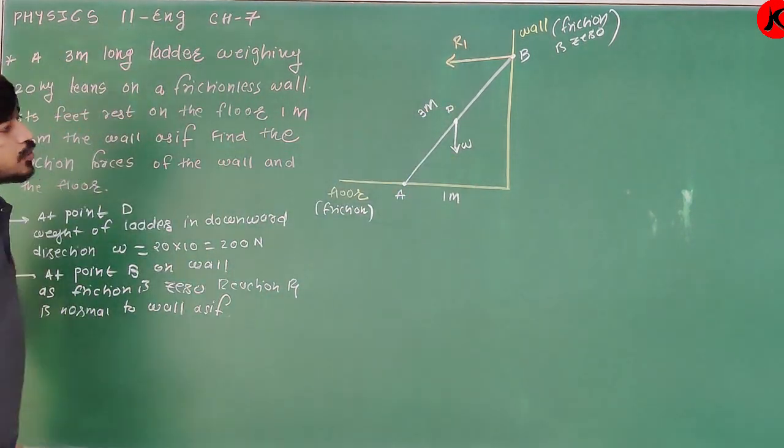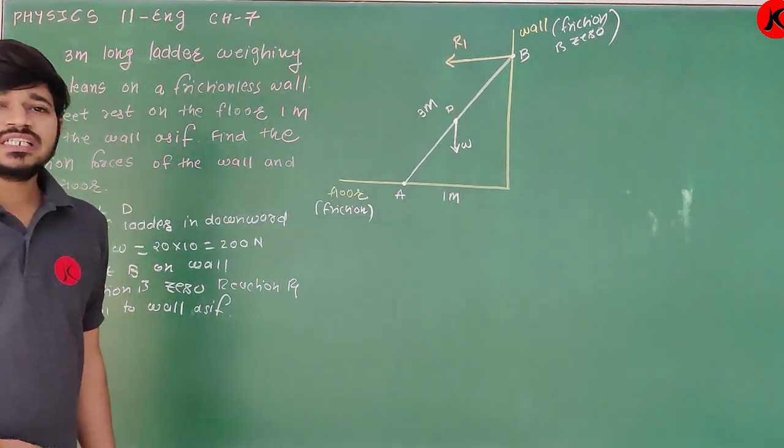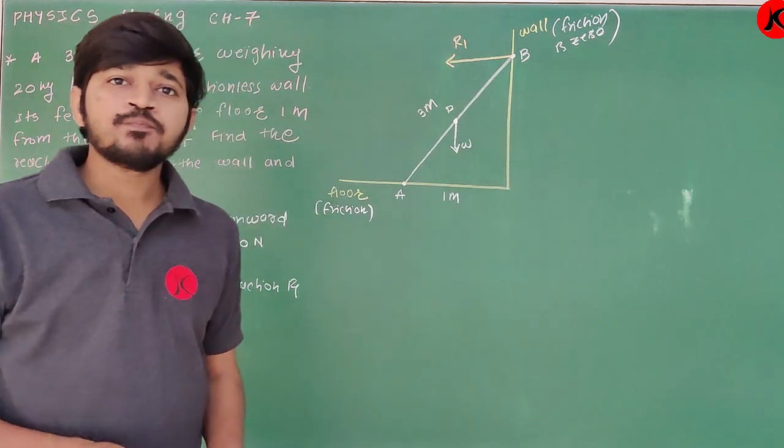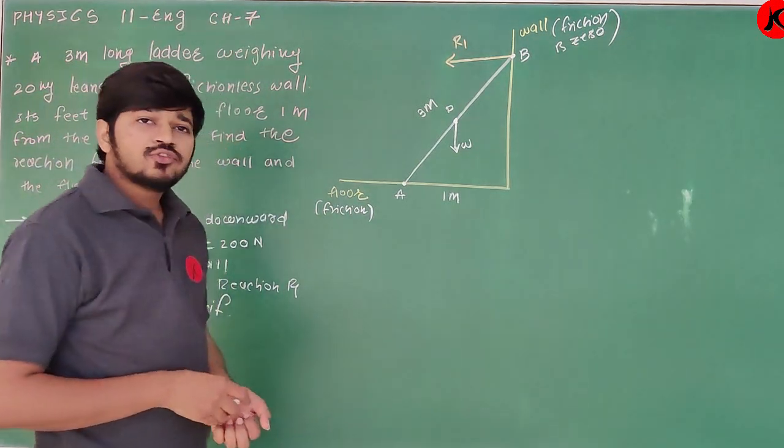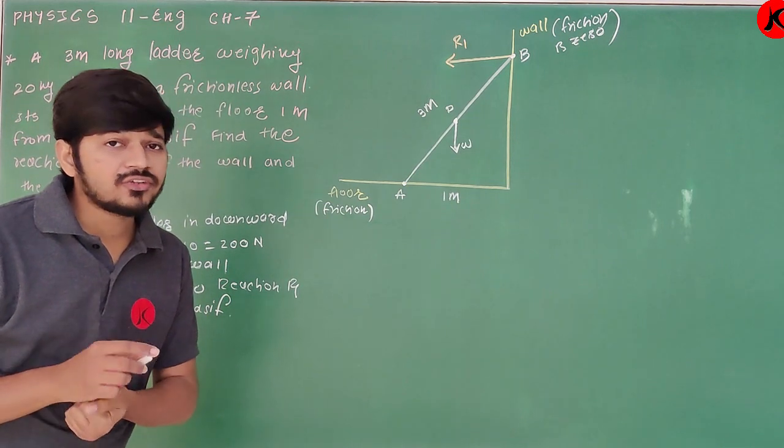Now similarly, at point A on the floor. It is a surface, the floor, having some friction. Friction means it has two components, one parallel to the surface, that is friction, and one perpendicular to the surface, that is the normal force.